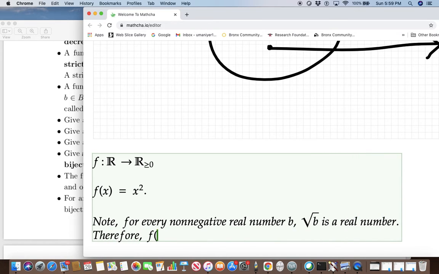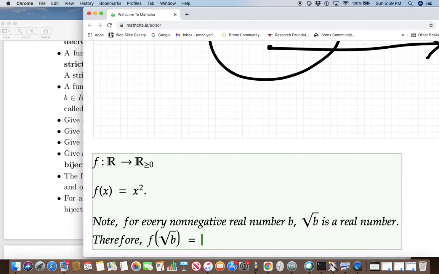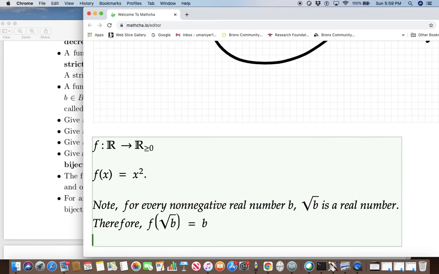Therefore, f of square root of b equals b, because f squares your input. So f is surjective. Every non-negative real number has some real number whose image is my chosen number.